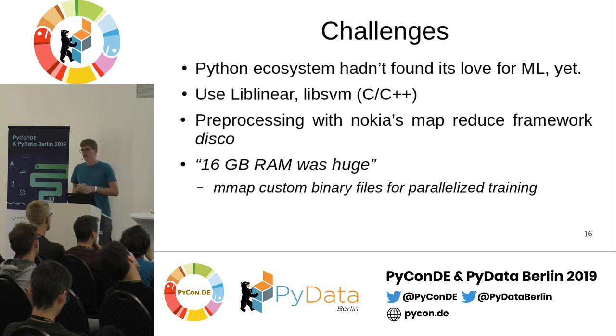As we are at our core a Python company, this is a different technology than we usually use, but it was really necessary back then because there was nothing else around.